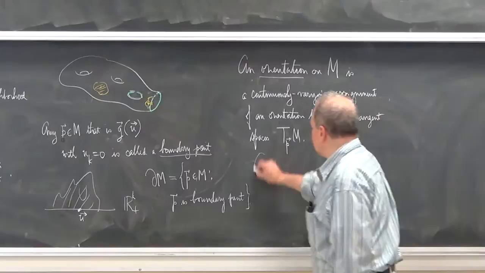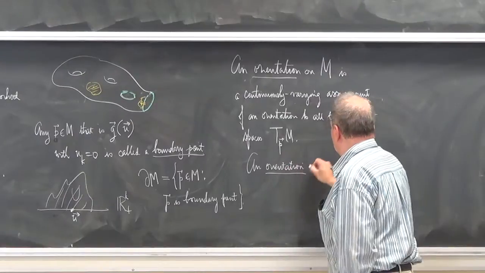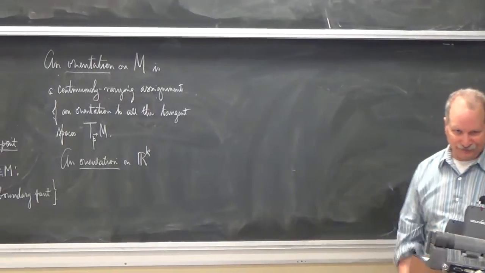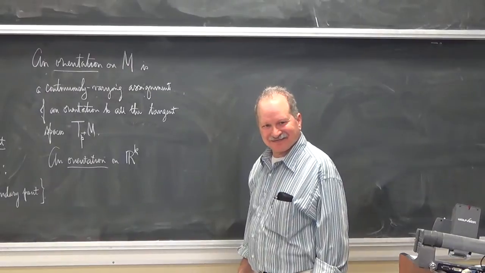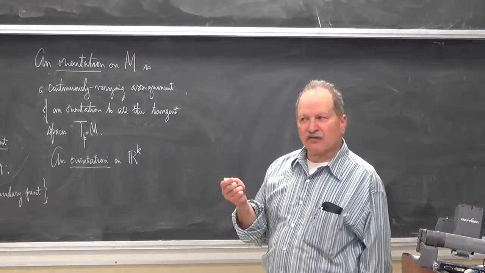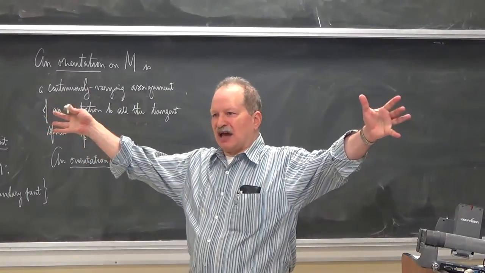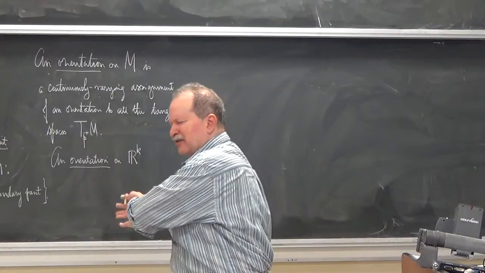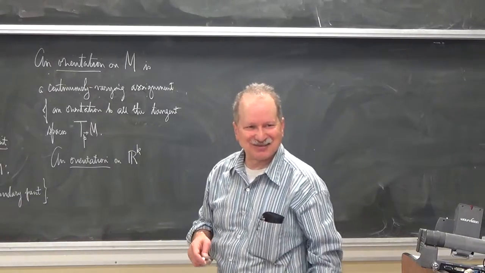So an orientation on R^k is basically an assignment to each ordered basis for the vector space of either a plus or a minus. So you take all your bases and you sort them into two categories: the good, the bad, and the evil. No, wait a minute. I guess there's three categories. No, there's only two.